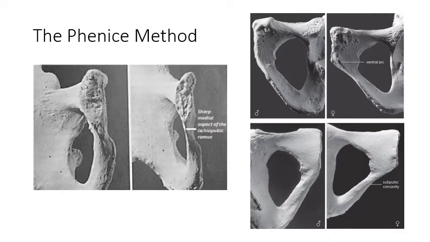All right, so the Phenice method here, we're looking at a very small area of the pubis. Okay, so the pubis bone, which forms part of the innominate bone, and an area that we refer to as a ramus, the ischiopubic ramus.